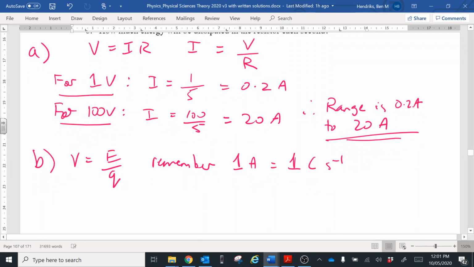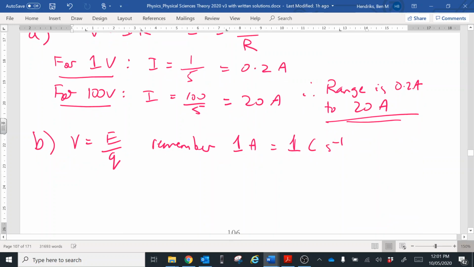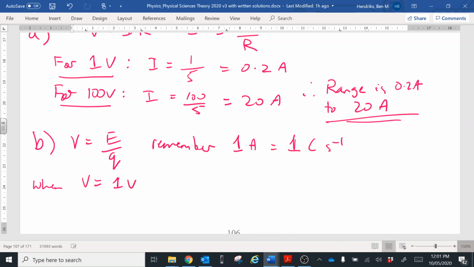So when V is equal to 1 volt, and I is equal to 0.2 amps, then we can work out that the charge Q every second is going to be equal to 0.2 coulombs.